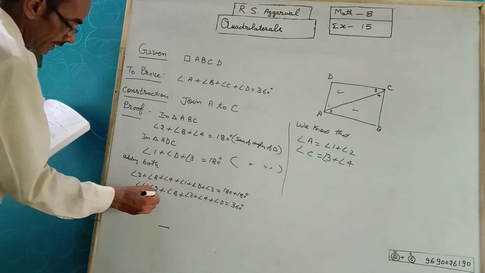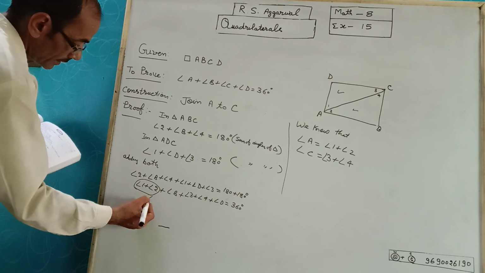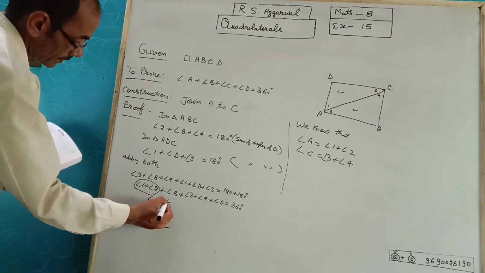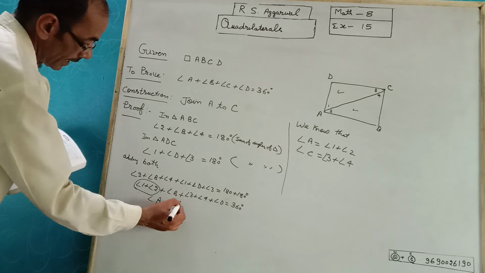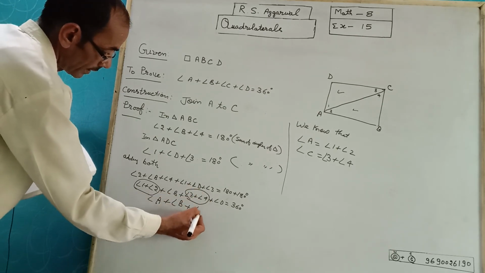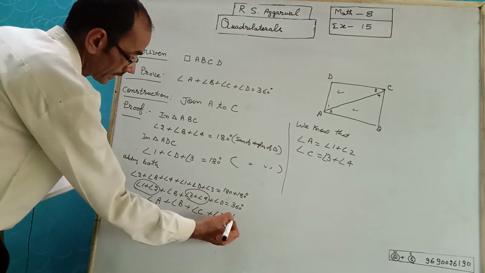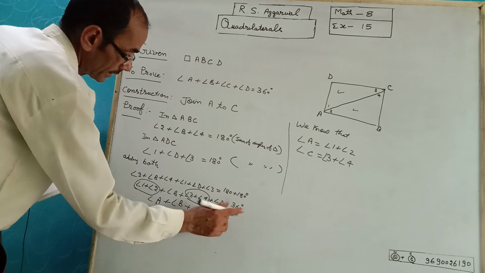So in place of angles 1 and 2 we write angle A, B is the same, in place of 3 and 4 we write angle C, angle D is the same, and 360 is the same.